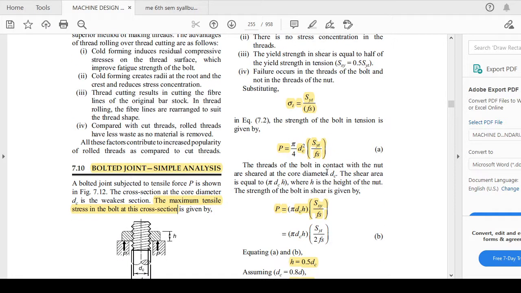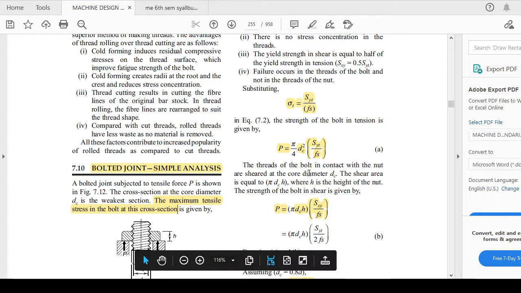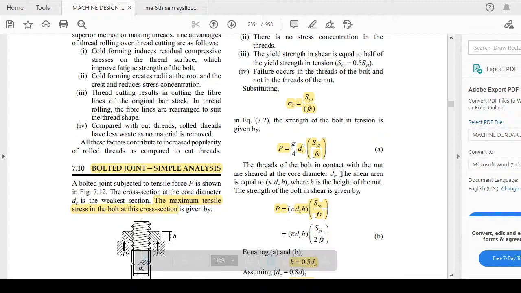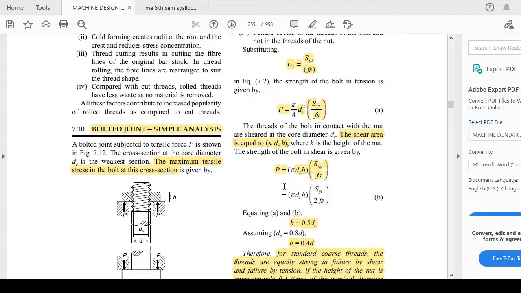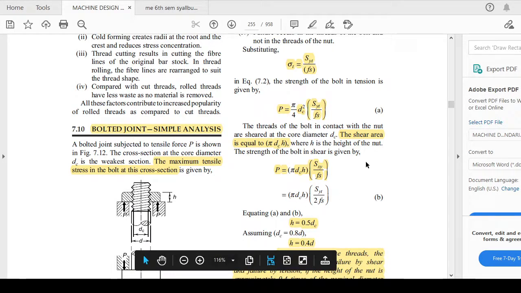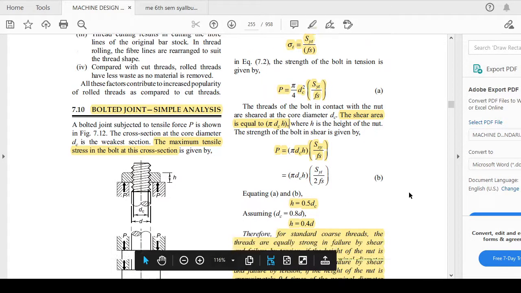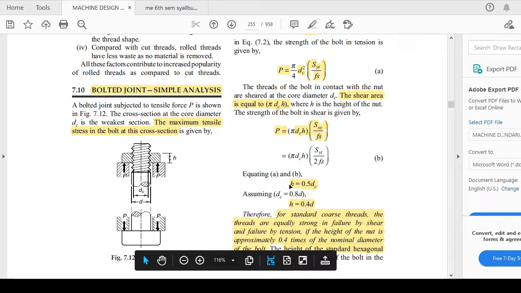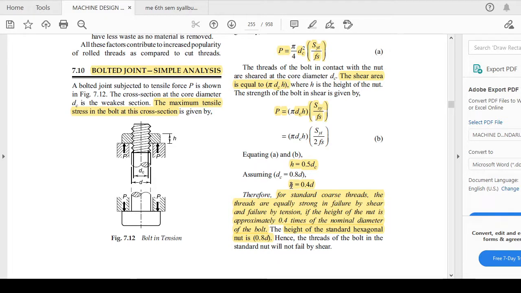Similarly, if S_ut is not given, you can use the formula for the shear area, which equals pi DC H, where H is the height of the nut. Then if you equate equation A and equation B, you get H equals 0.5 times DC.